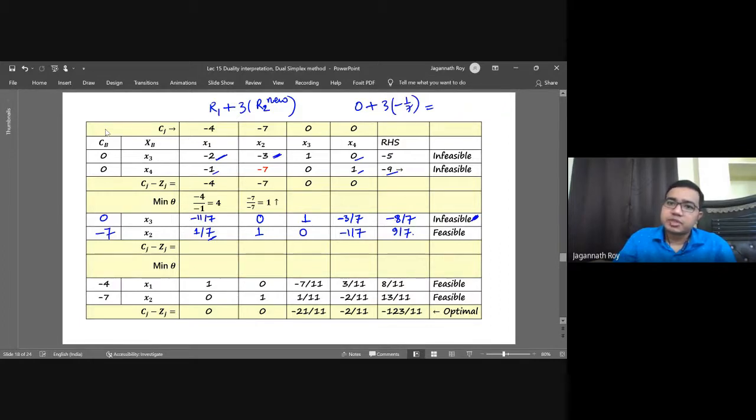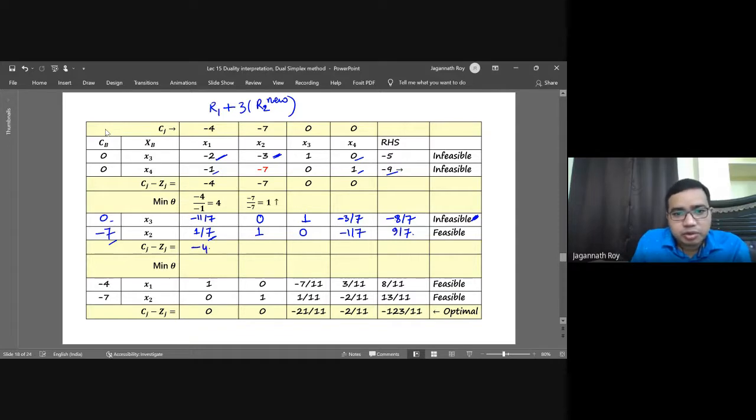It remains infeasible, so we have to calculate the Cj minus Zj now. 0 into 0, 0 into minus 11 by 7, 0. So minus 7 into 1 by 7, so minus 1. Zj is minus 1, Cj is minus 4.